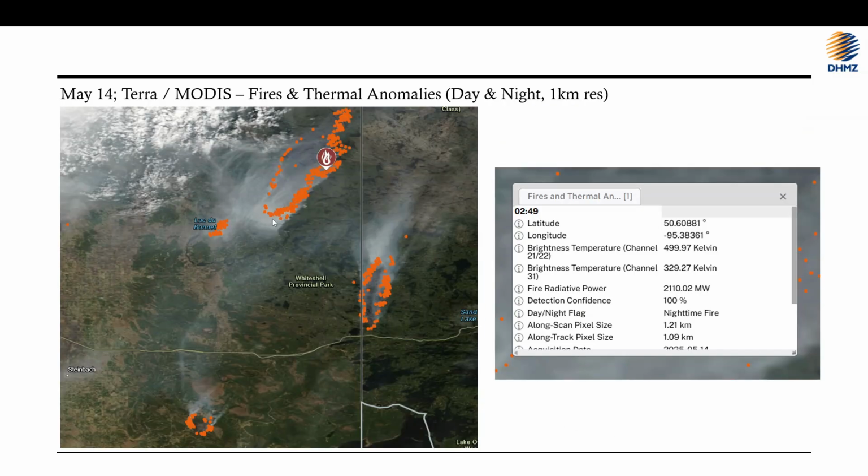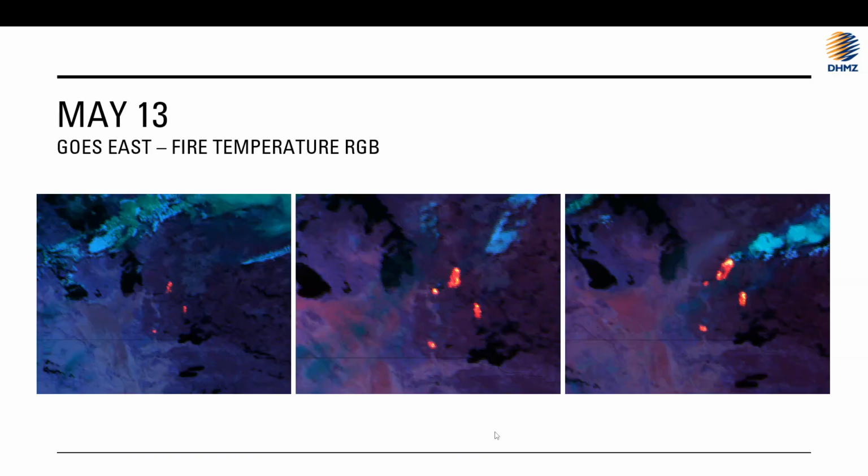And here on May 14th, from the Terra MODIS, same product, different resolution, you can see that some of these hotspots were really extremely hot, giving the fire radiative power of over 2000 megawatts. And we can also have a look at it from GOES East in the fire temperature RGB. So this is May 13th.